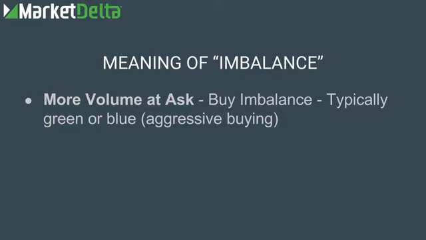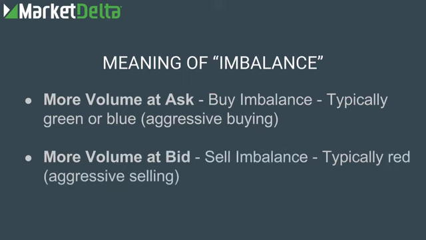So it's typically green or blue, which would represent aggressive buying. It's what I just showed. So it's when you have that diagonal relationship, right? That's always in place, this diagonal relationship. And when you see more volume at the ask, that's your buy imbalance. And a sell imbalance would be more volume at the bid, and that's going to be red, which would represent more aggressive selling.